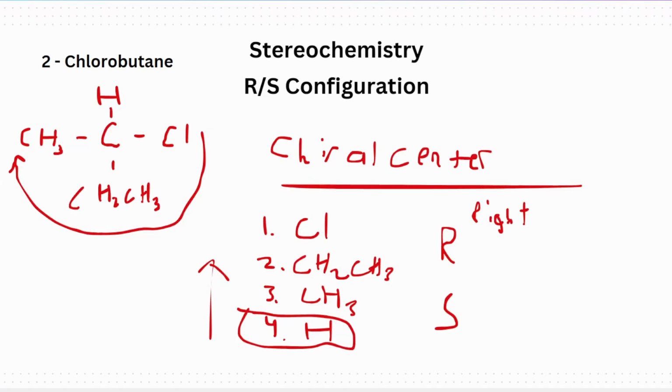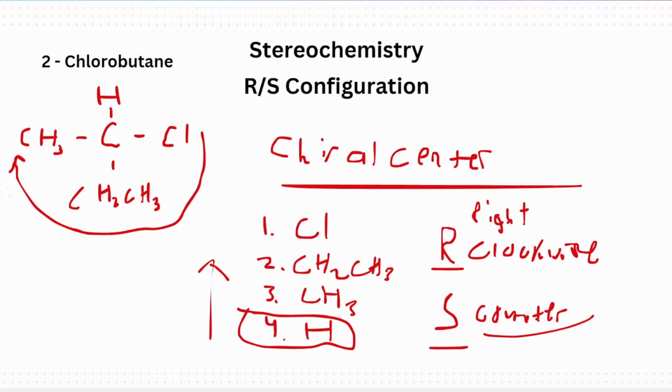R would be if it's going clockwise. So if it's going clockwise, as it is right here, it's going to be R. And if it's going counterclockwise, that says counter, it's going to be S. But in this case, as we can see, it is completely clockwise.